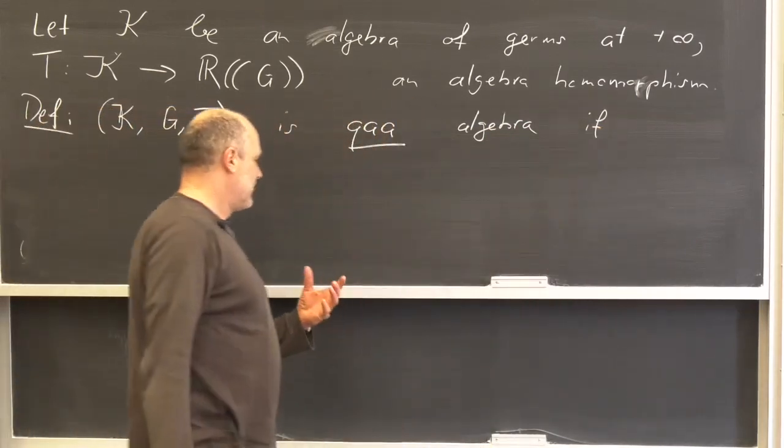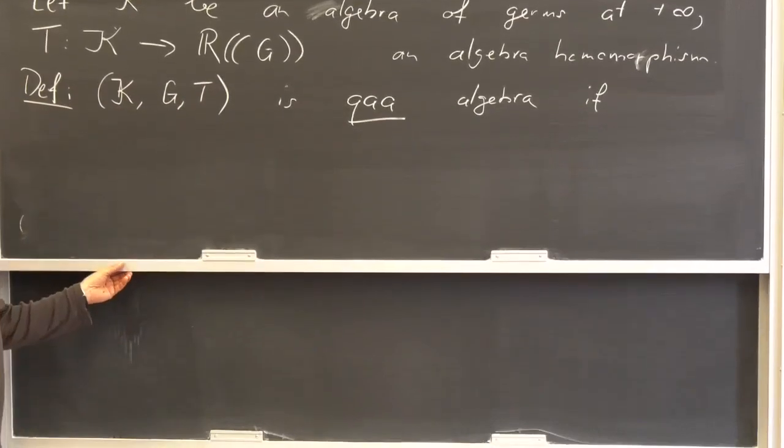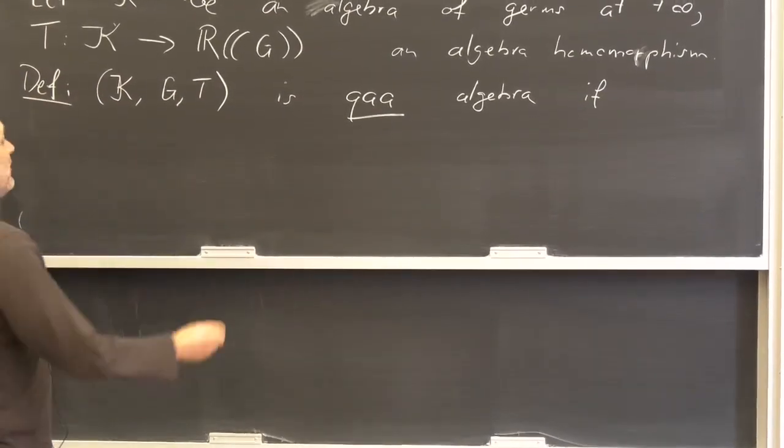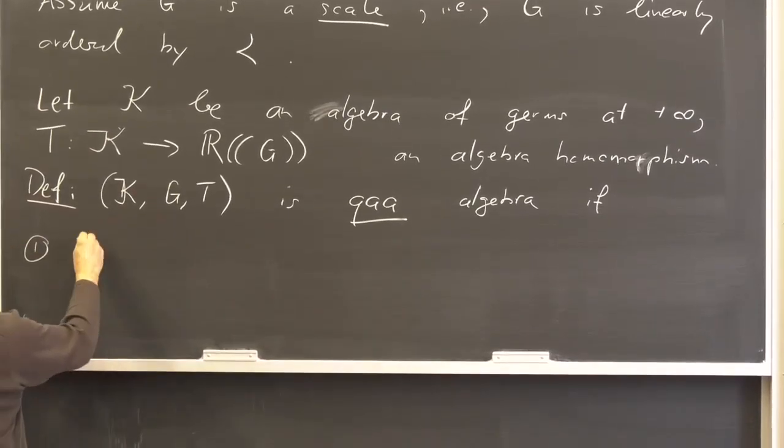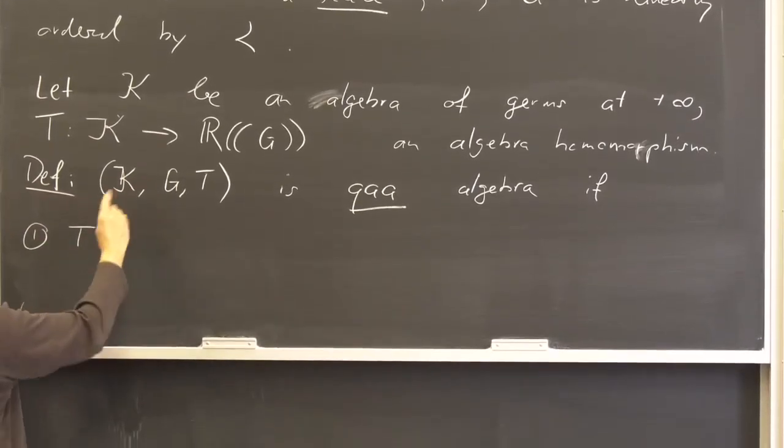So this is three assumptions, which I need to make sense of asymptotic expansion. First of all, T has to be injective, so this whole thing has to be a quasi-analytic algebra.